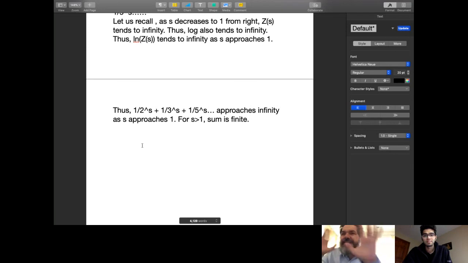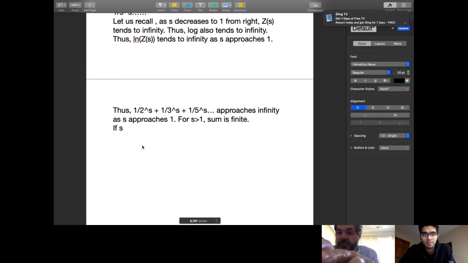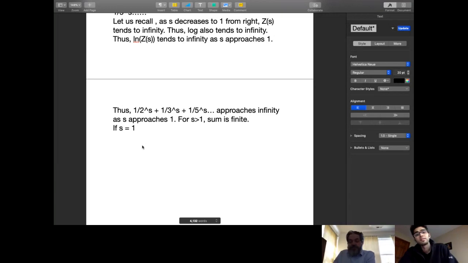We are close to finishing this. For any fixed s, this sum of infinitely many terms is convergent, but its value depends on s. But then when s decreases to 1, that sum, as a function of s, will tend to infinity.